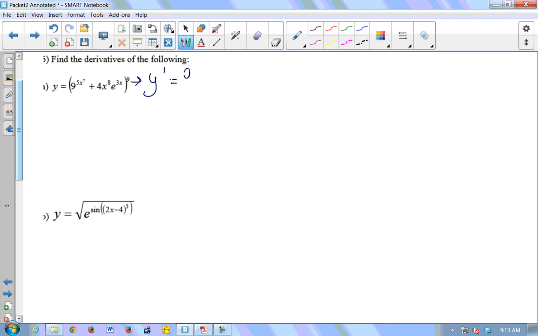So this is 9 times the stuff, 9 to the 5x to the 7th, plus 4x to the 8th, e to the 3x, all raised to the 8th power now. So I applied the power rule to my stuff. But then I still have to multiply by the derivative of the stuff, of the inside function.